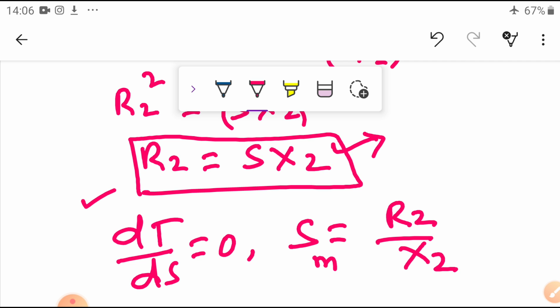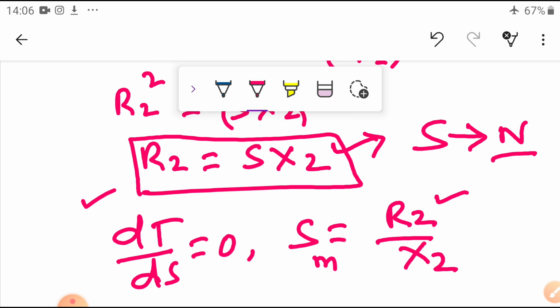The slip depends on the speed at which it reaches. At that slip into reactance value, the product of this value equal to the resistance value, at that condition it is going to produce the maximum torque.